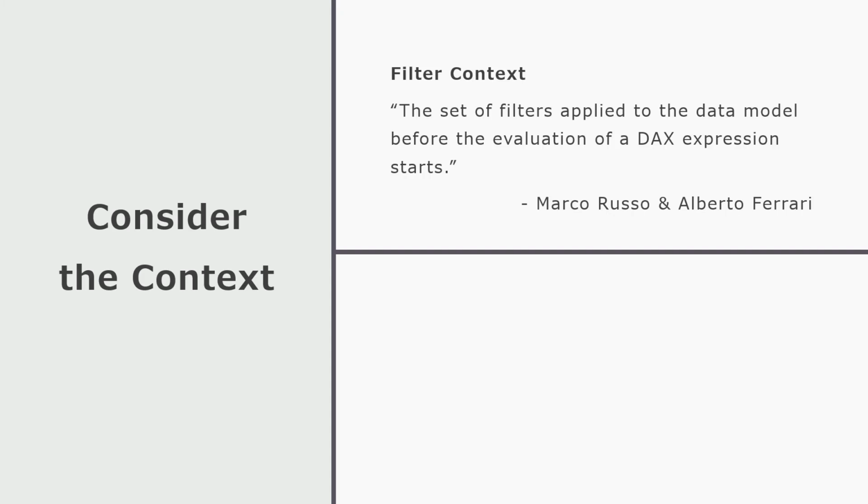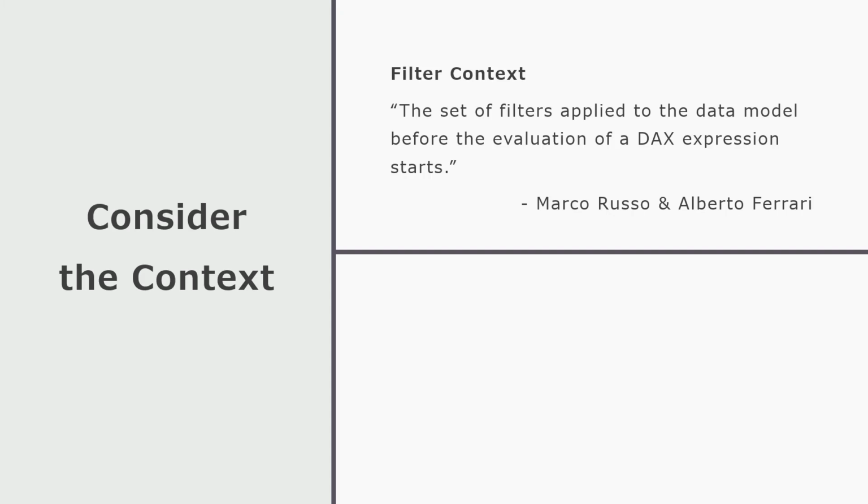That's still, I think, the best way I've ever found filter context succinctly defined. Some of you may be going, what does that even mean? Don't worry about it too much, because I'll show you what it means in just a moment, and then you'll go, oh, okay, I see what they mean here.